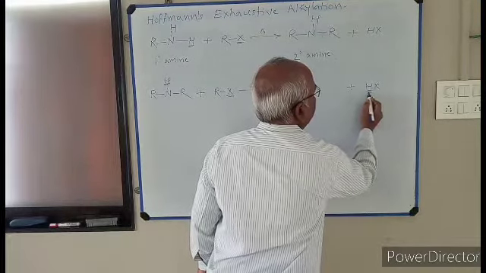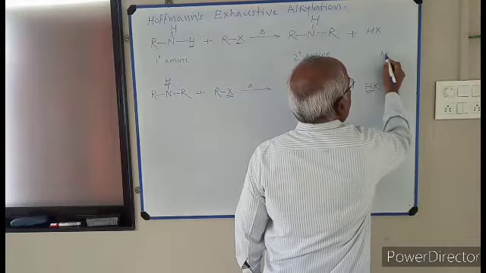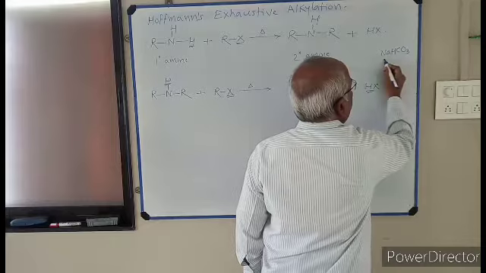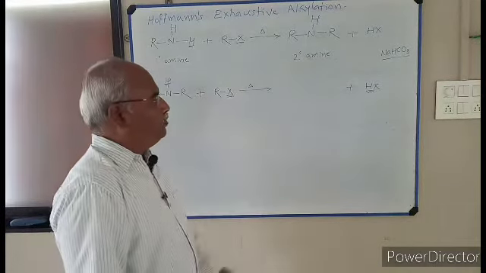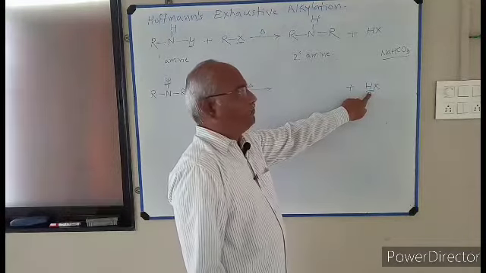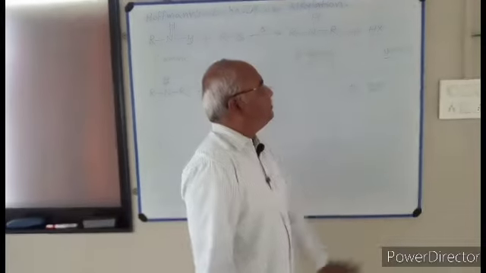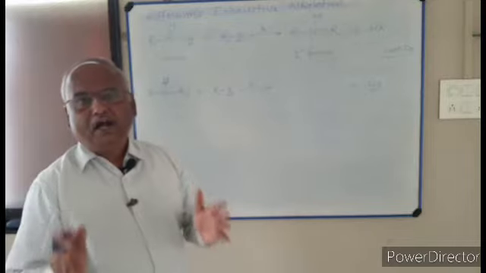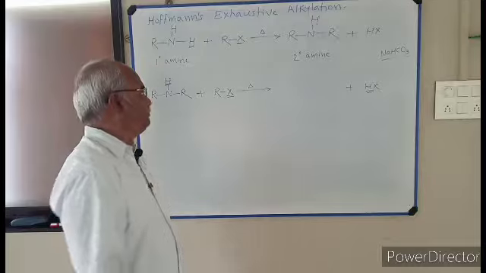To remove the side product, the reaction is carried out in the presence of sodium bicarbonate, NaHCO3, to neutralize the excess HX produced. Sodium hydrogen carbonate is also known as sodium bicarbonate.